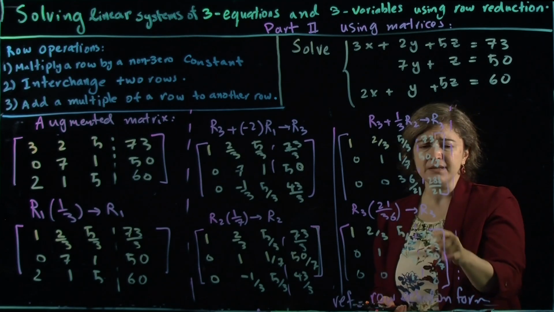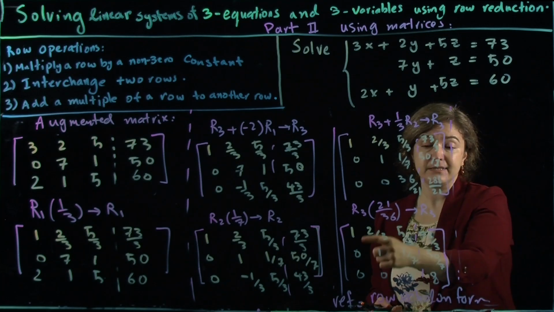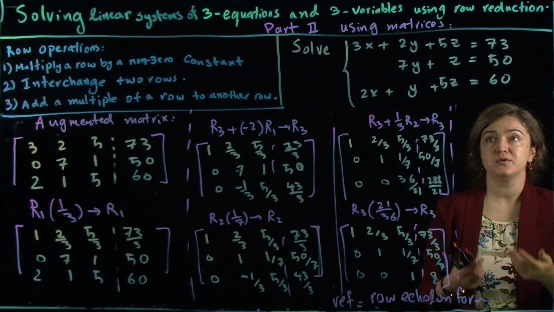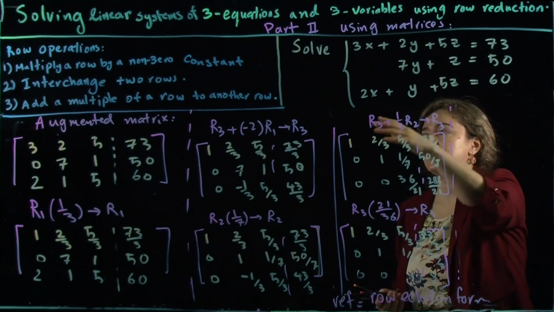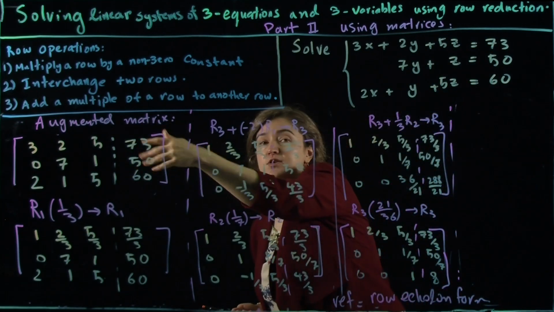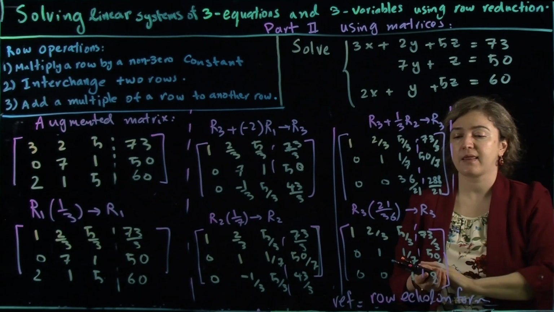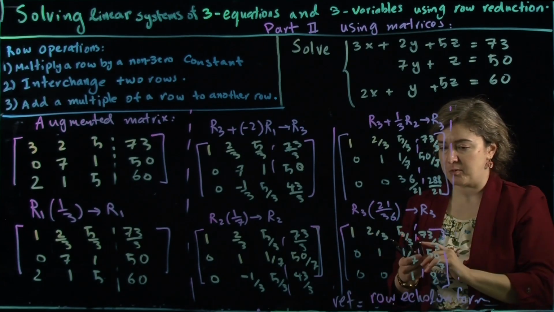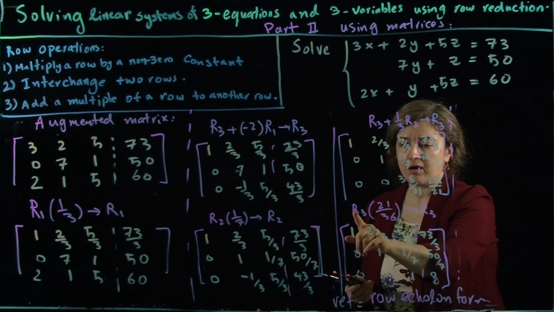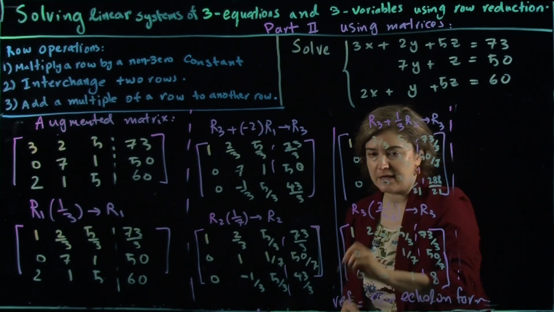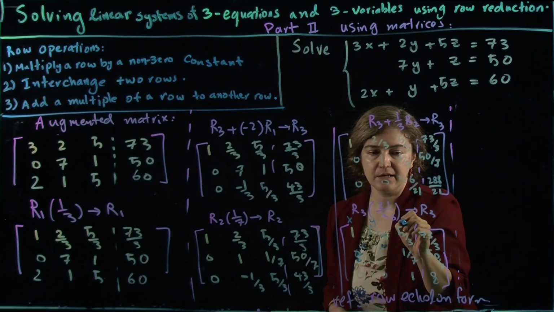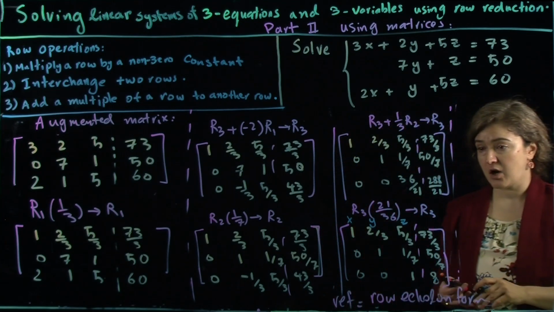And that means that the system associated with this is going to give you the same solution as the system associated with the first augmented matrix, which is that. So rewrite this one. Remember, this is the column that associates with X. This is the column associating with Y, Z, and that's the constant.